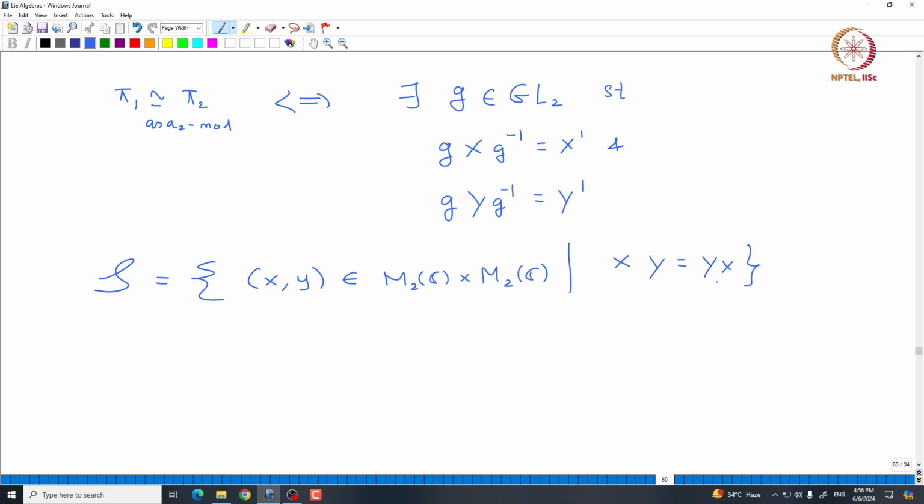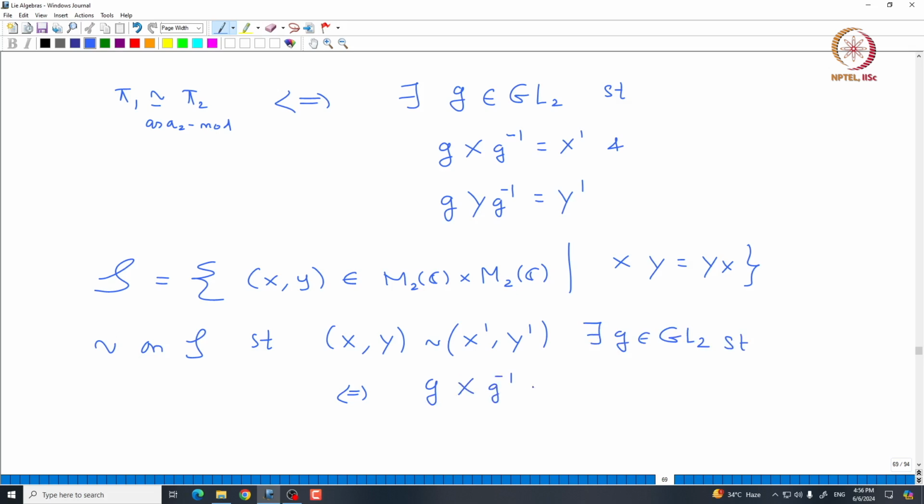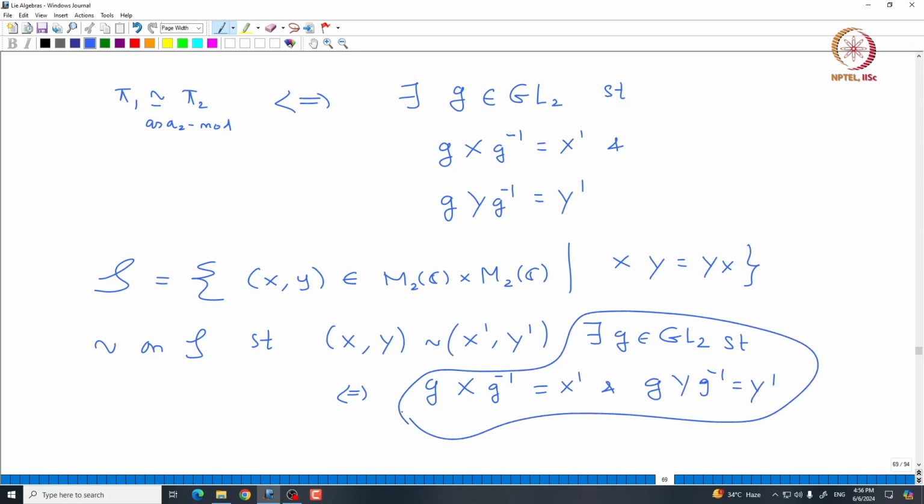Now we define an equivalence relation on this S satisfying these two conditions: (x, y) is related to (x dash, y dash) if and only if there exists G in GL2 such that G x G inverse equals x dash and G y G inverse is equal to y dash. So, this condition should be satisfied.